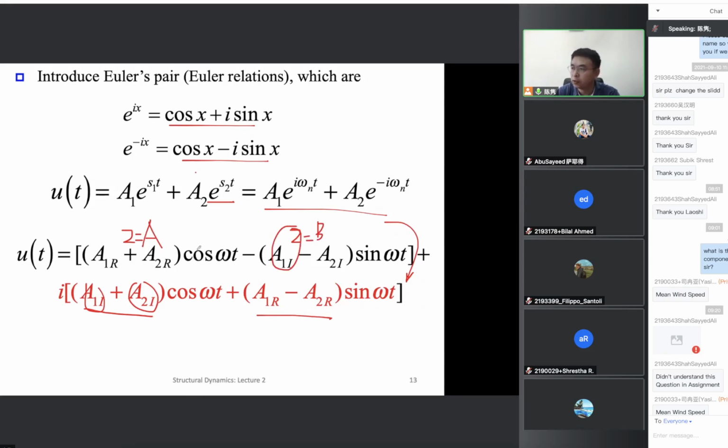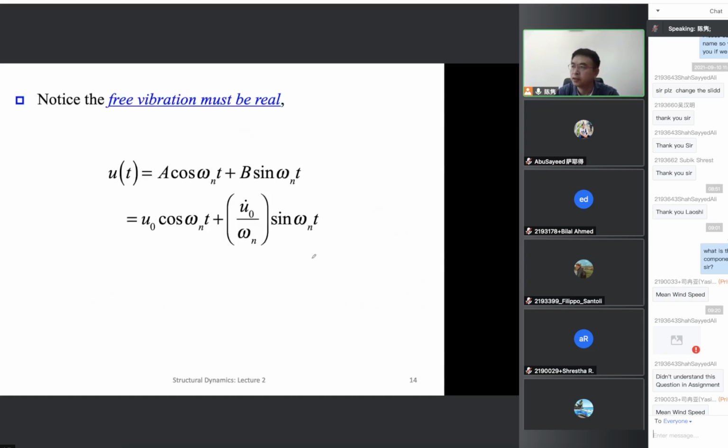So this part became A cosine omega t plus B sine omega t. It doesn't matter whether minus or plus, because you can introduce the minus or plus into the B. So we go back to method 1 by the physical observation.